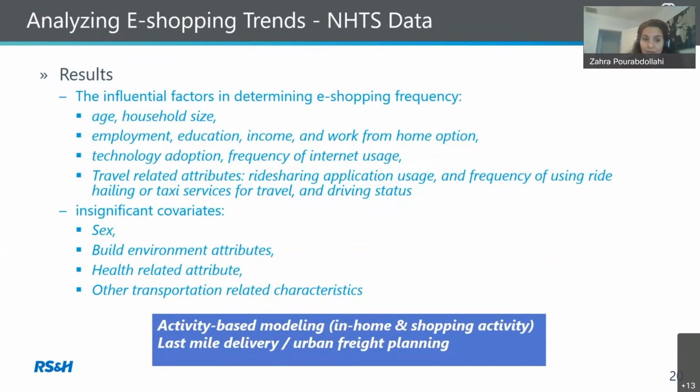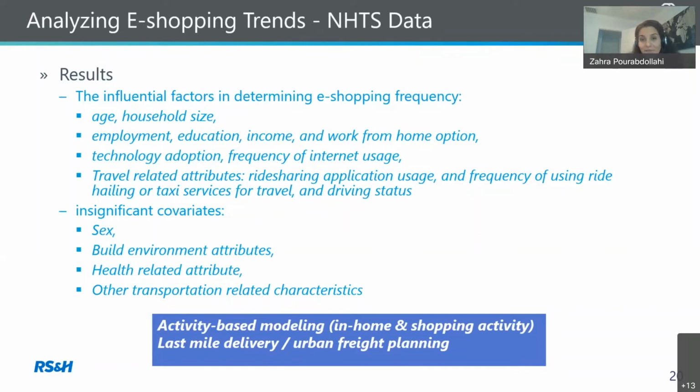But interestingly, some of the covariates that I thought would be significant were not found significant in explaining the frequency of online shopping, including sex, built environment attributes, health and disability related attributes, and some other transportation related attributes such as access to public transport or number of cars owned.